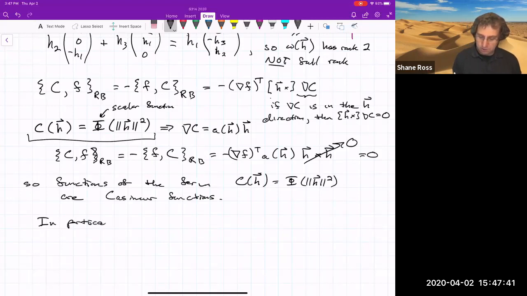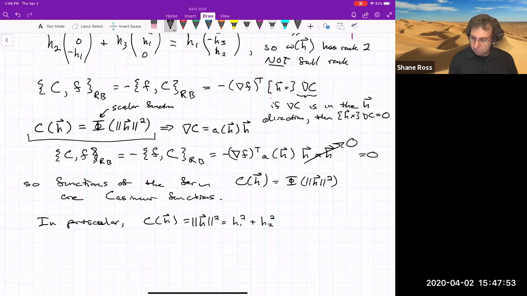So in particular, if we chose just the magnitude squared, that is a Casimir function, and therefore a constant of motion.